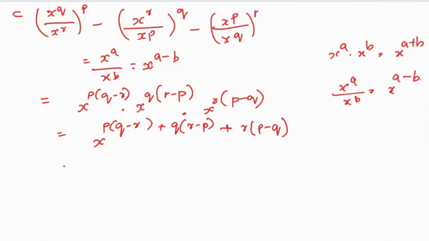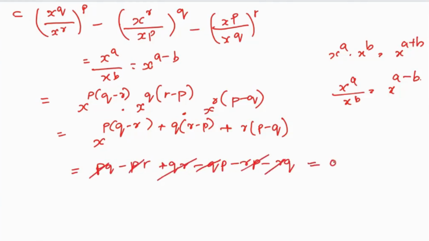So we can combine all the terms here, which is equal to pq minus pr plus qr minus qp plus rp minus rq. Okay, so here all the same terms will get cancelled off. Here you can see pq, qp same, we can cancel off, and this will also get cancelled off. All will cancel off, and we will get 0.